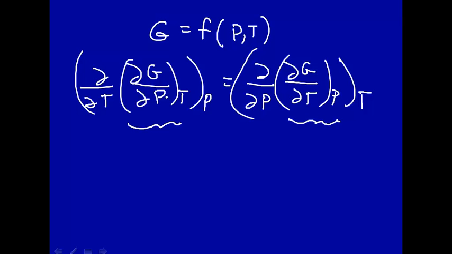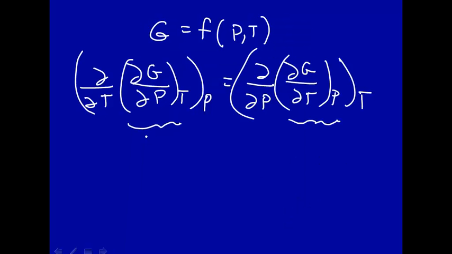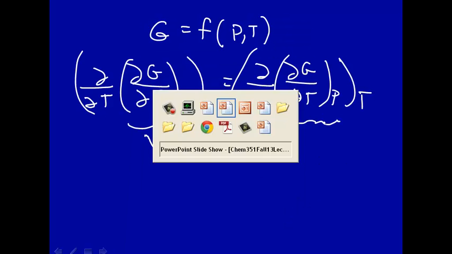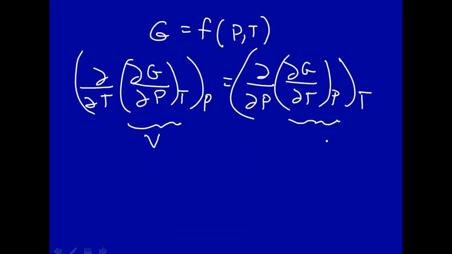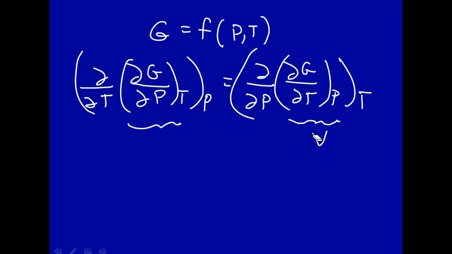Well, that's probably related to volume. Yeah, there it is. How G changes with pressure at constant temperature is volume. Getting ahead of myself, getting all excited here. I was right the first time. Good thing I didn't change the eraser.